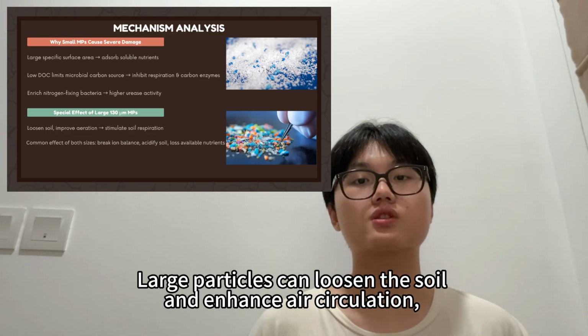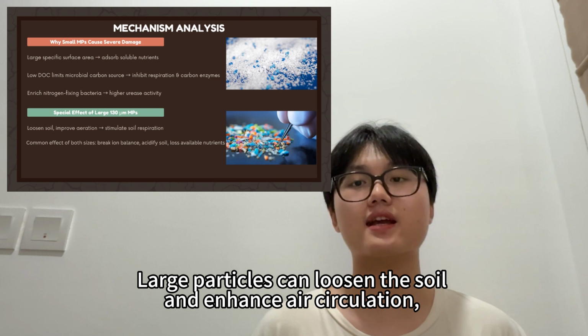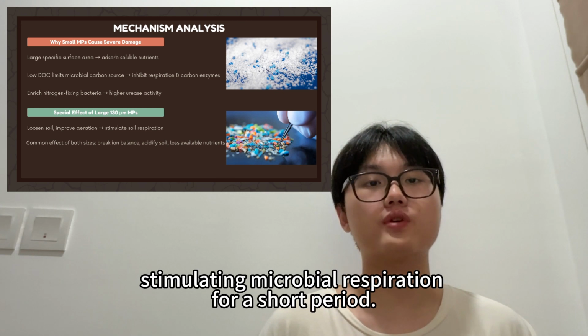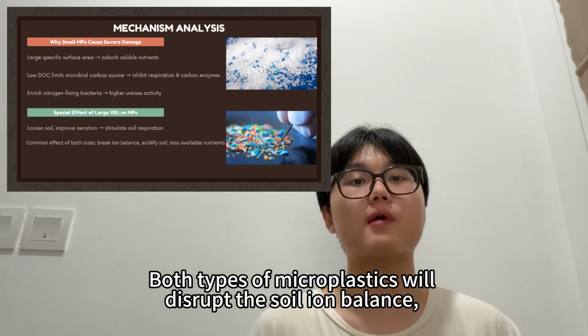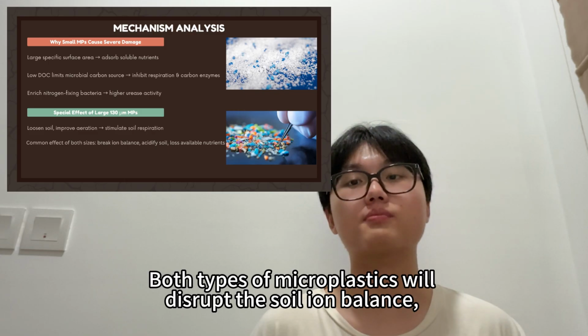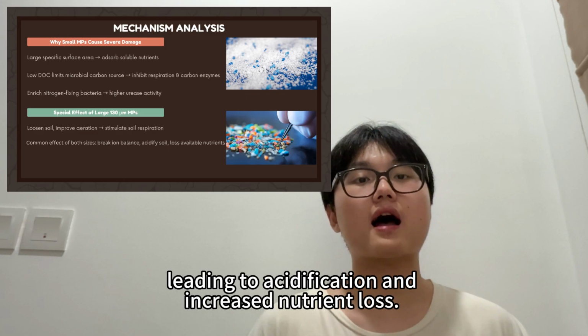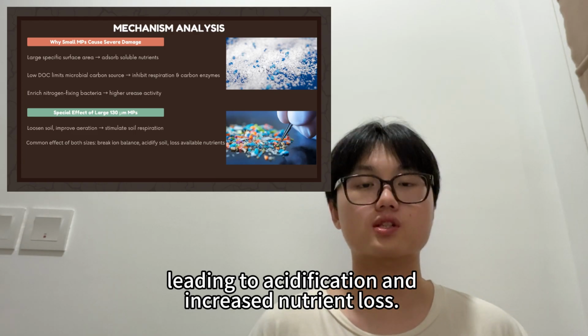Large particles can loosen the soil and enhance air circulation, stimulating microbial respiration for a short period. Both types of microplastics will disrupt the soil ion balance, leading to acidification and increased nutrient loss.